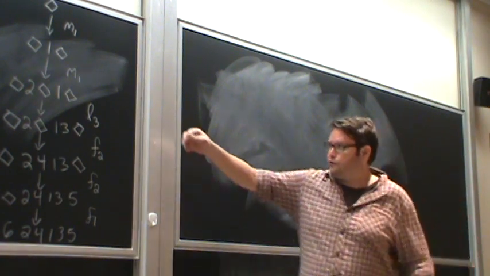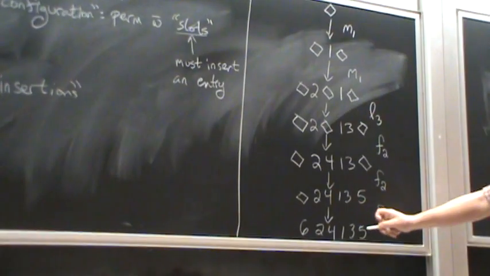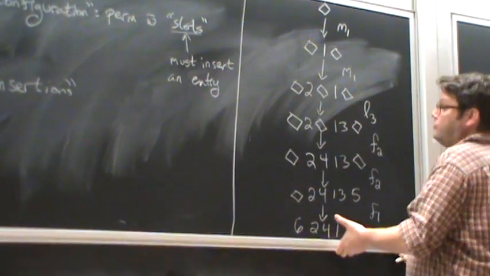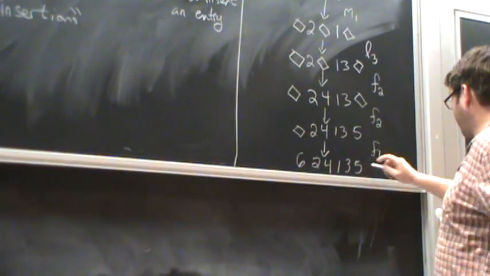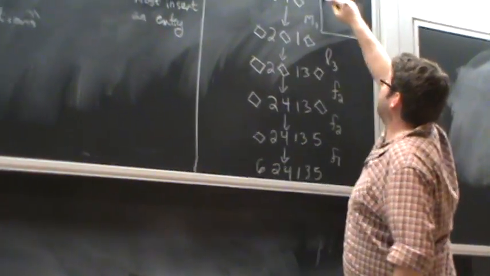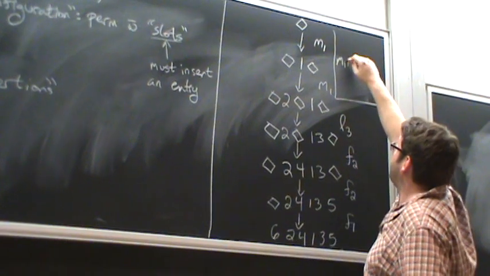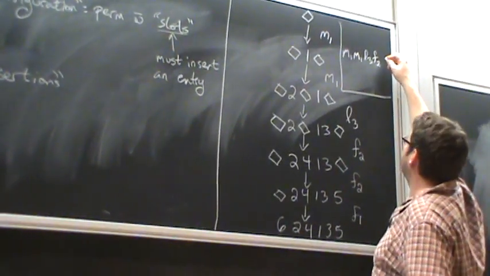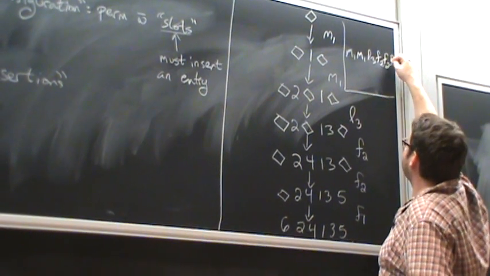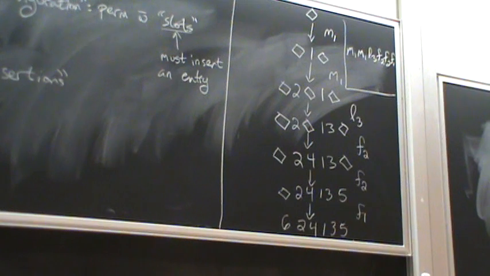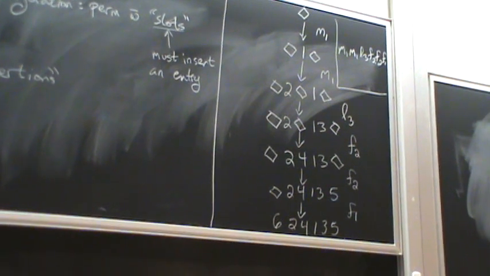And notice that this sequence is unique for this permutation 624135. So I can just encode this as its word. Its word was right up here. Its word was M1, M1, L3, F2, F2, F1. So we're clear on the construction here.